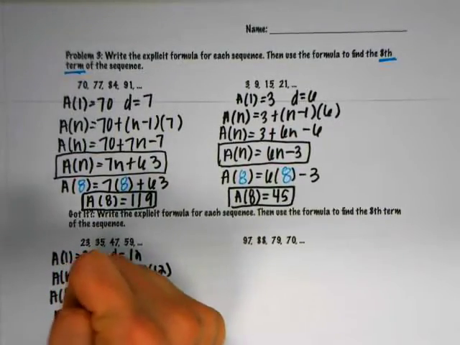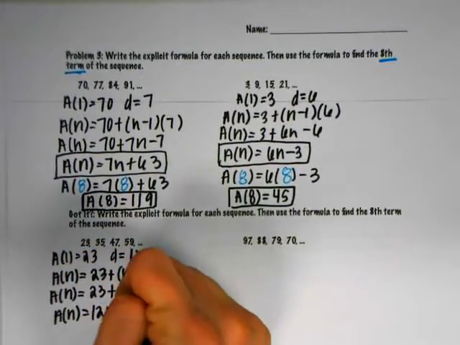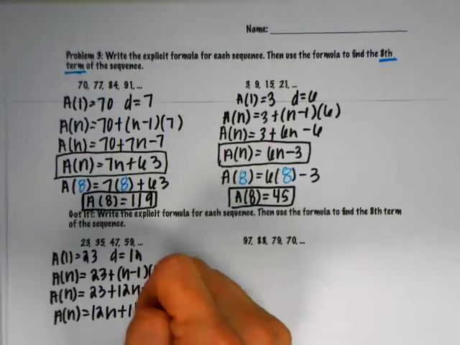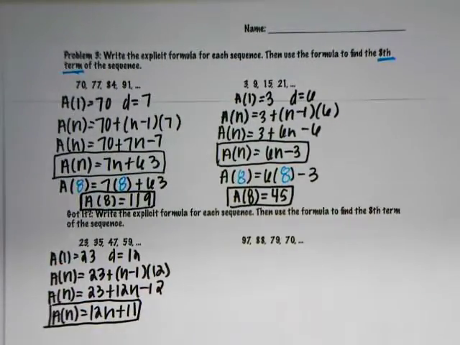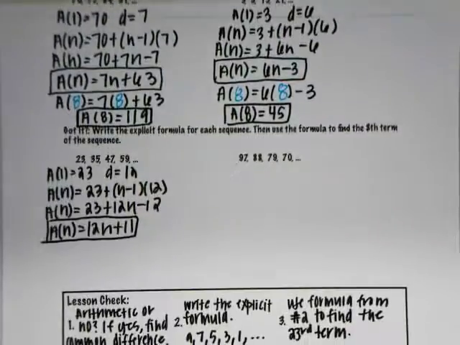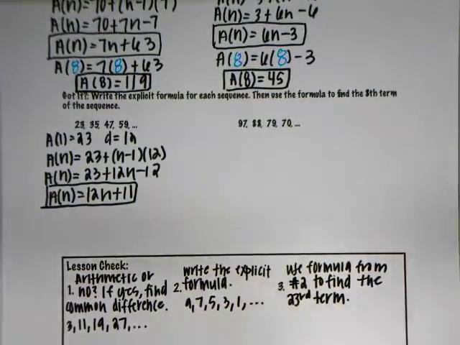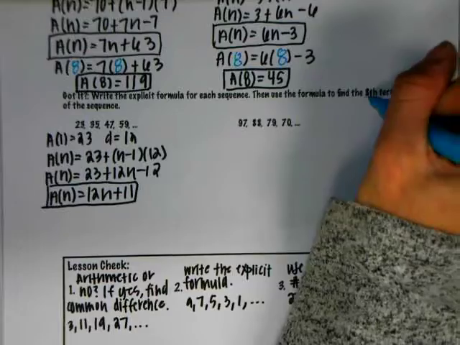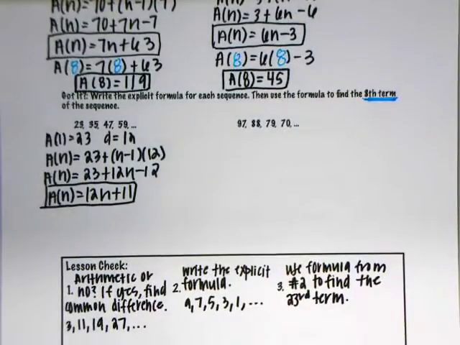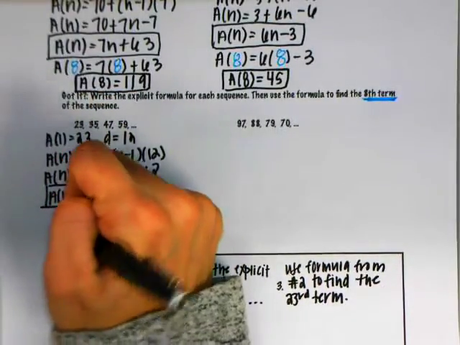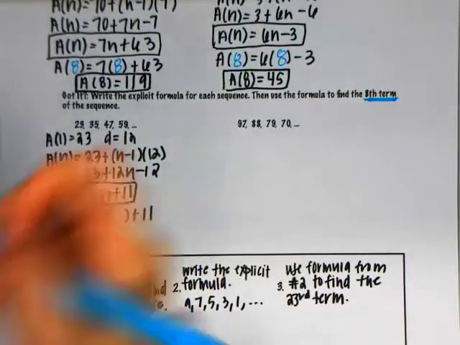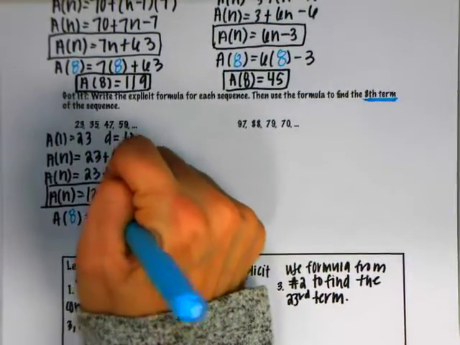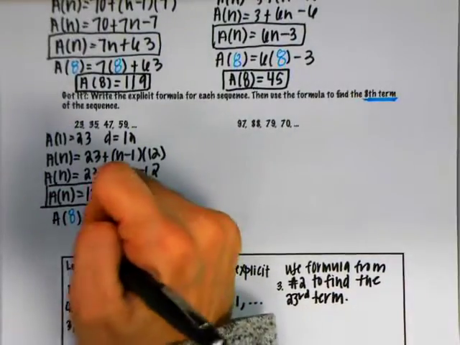So your formula is 12n plus 11. And then it's asking us to find what term? Eighth term still? Alright. So when I plug in 8, what do we get? 107?